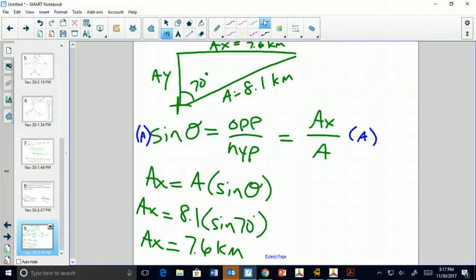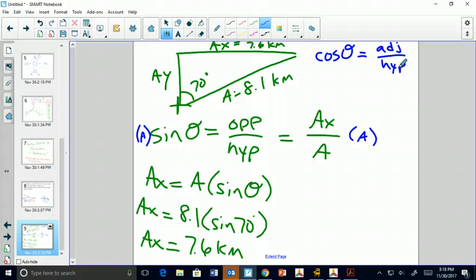If I want to find out AY, well, AY is adjacent, and we know that the sine, not the sine, it would be the cosine. The cosine of theta is equal to adjacent over hypotenuse.